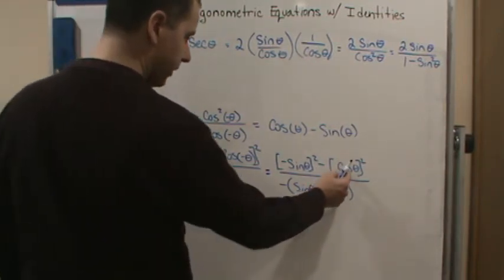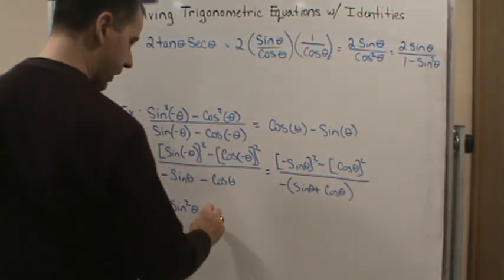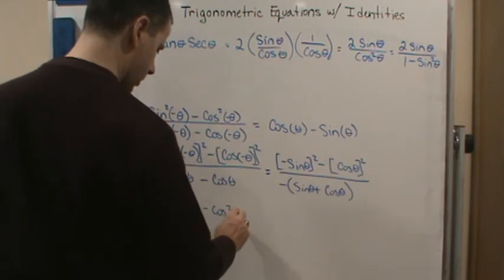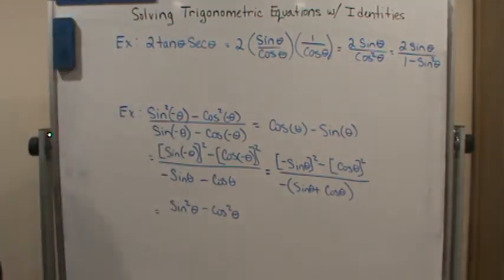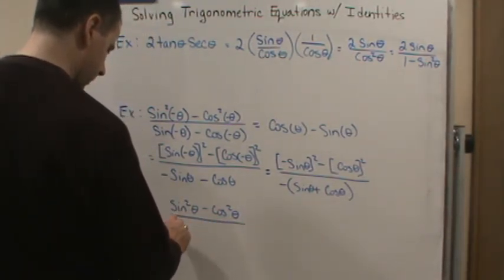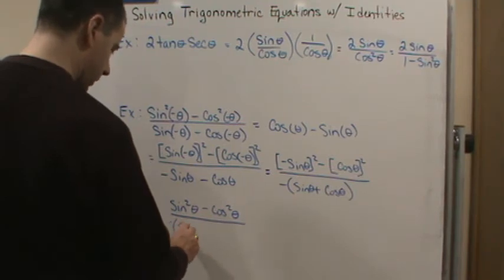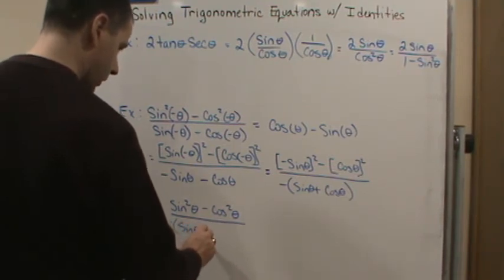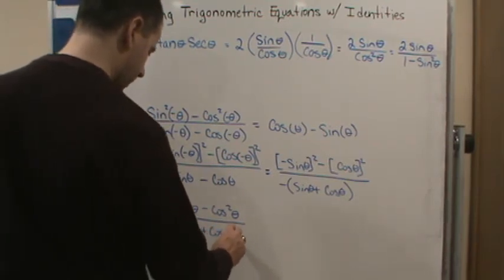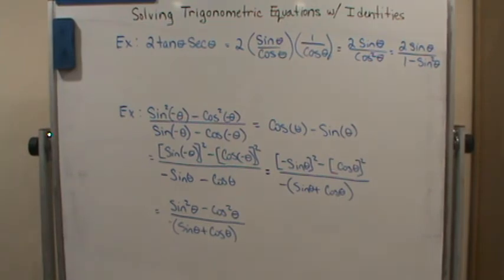And then this, again, just cosine squared theta, so we have minus cosine squared theta all over negative of sine theta plus cosine theta.